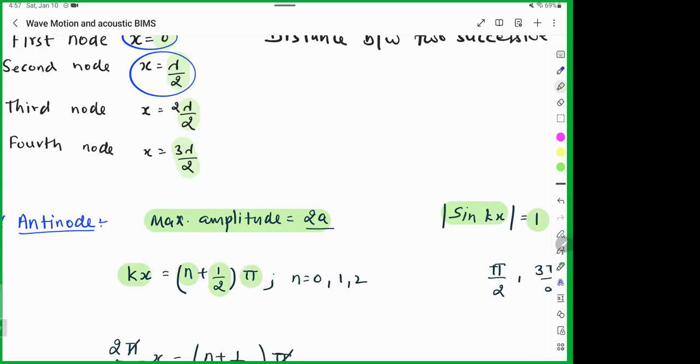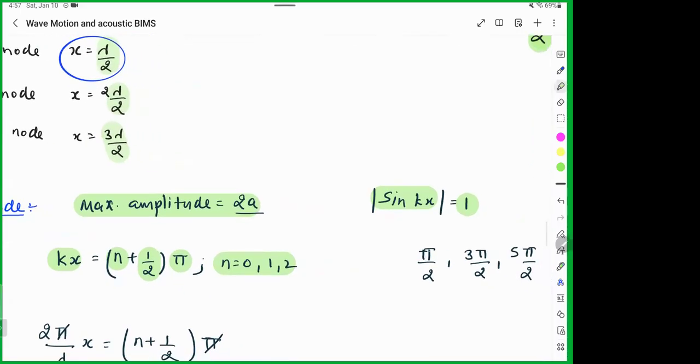Example, if n value is 0, it is pi by 2, which means 90 degrees. What is the sine 90 value? 1. Understood? So it will be like pi by 2, 3 pi by 2, 5 pi by 2. Any doubt, guys? No, sir.